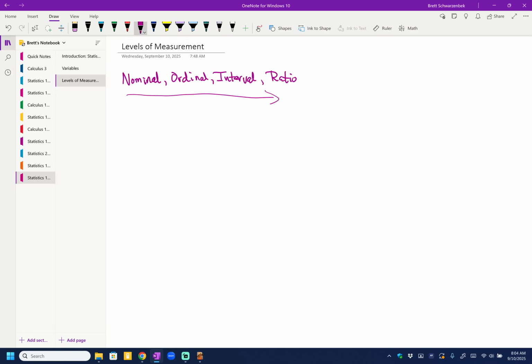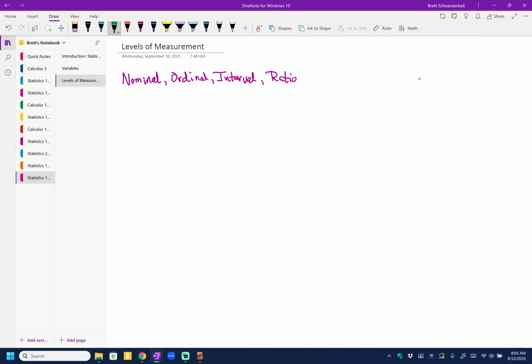So just to be clear, if we have nominal data, then we are limited in our analysis of the data. We have very few statistical procedures at our disposal to analyze that data. Whereas if we're at the ratio end, then we have a very full grouping of procedures that will allow us to analyze the data.